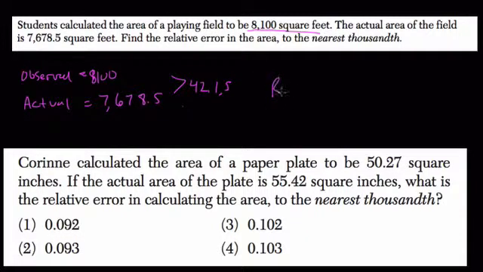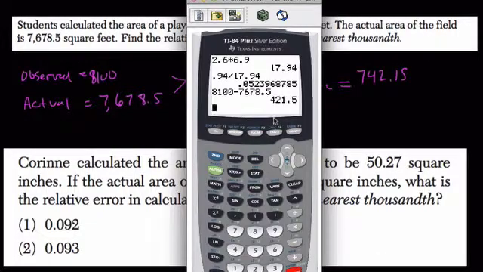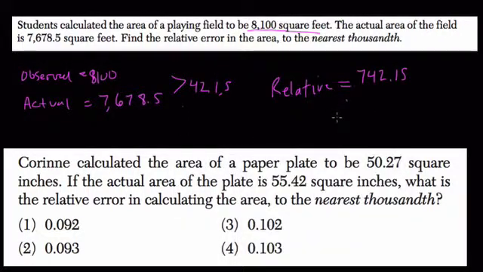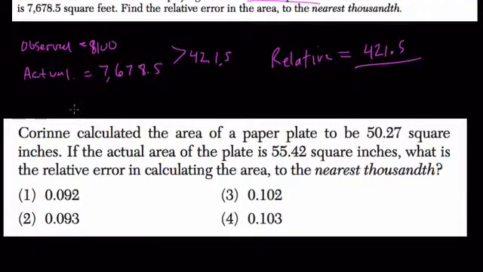Okay, so the relative error is that absolute error out of the actual number you should have gotten. So it's 421.5 over what you should have actually gotten.